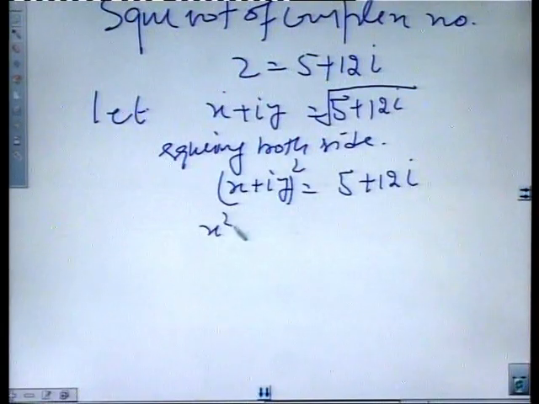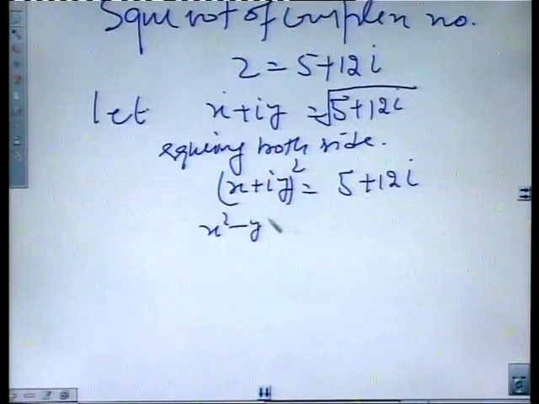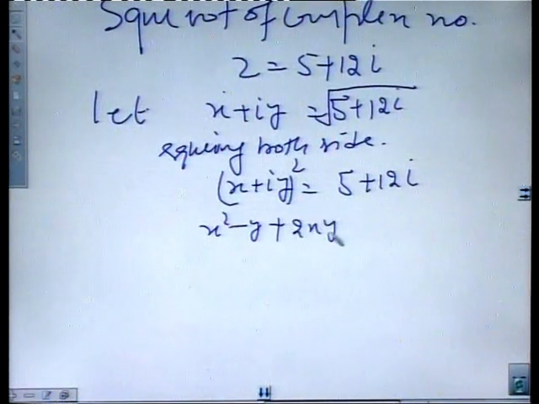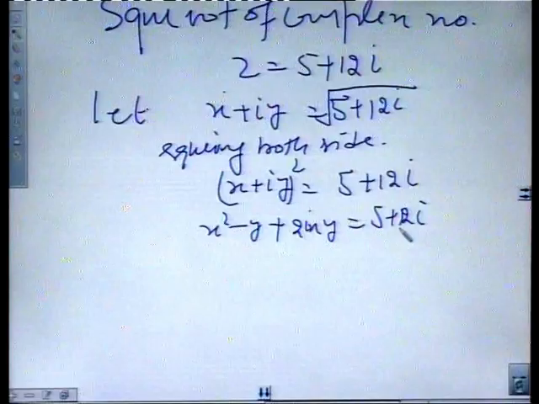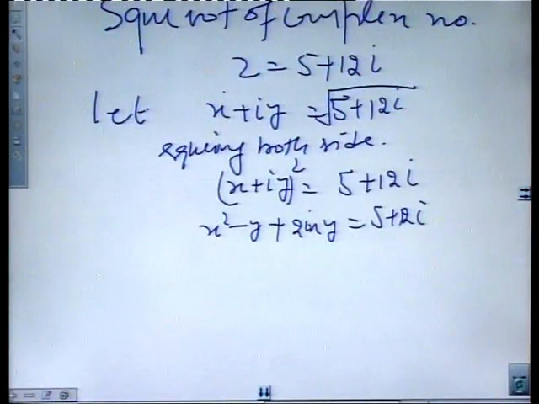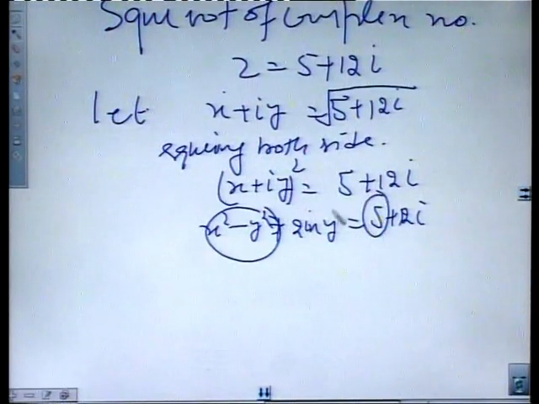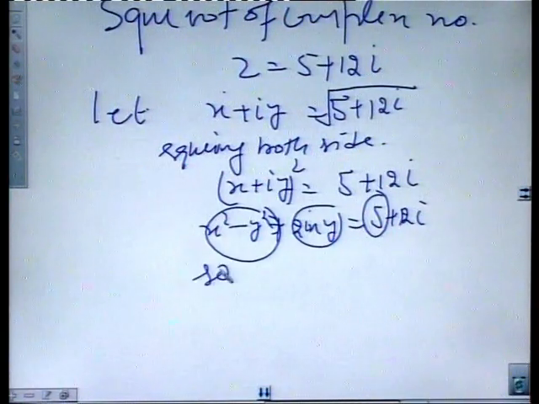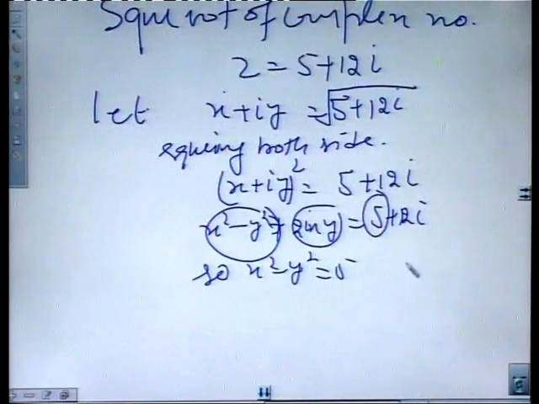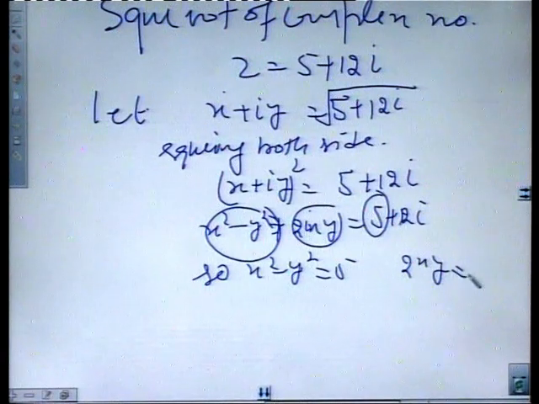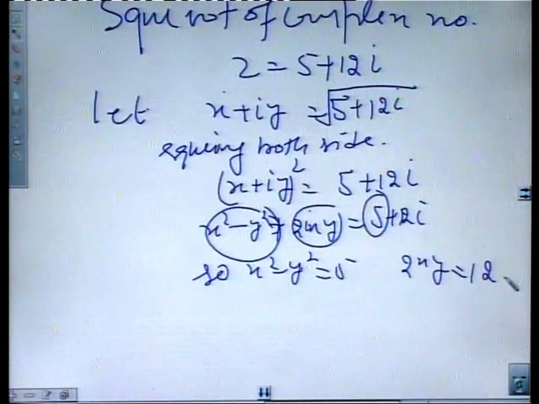Now this is x square minus y square, as iota square is minus 1, so x square minus y square plus 2xy iota is equal to 5 plus 12 iota. Now using the equality of complex numbers, two complex numbers are equal if their corresponding real parts are equal and imaginary parts are equal. So x square minus y square is equal to 5 and 2xy is equal to 12, right?